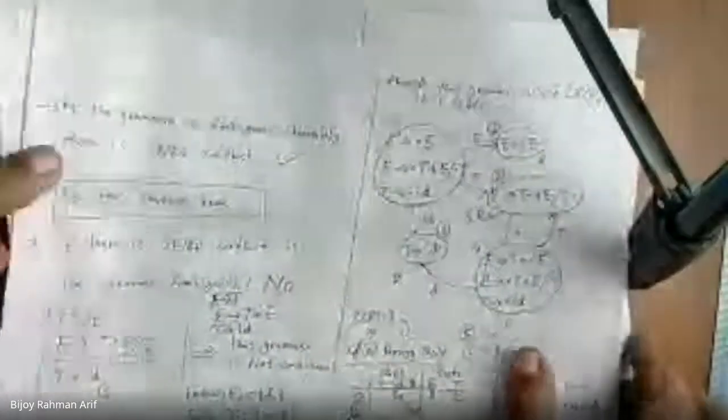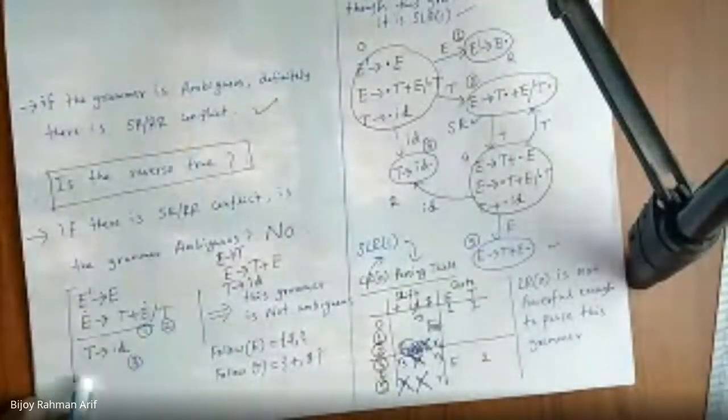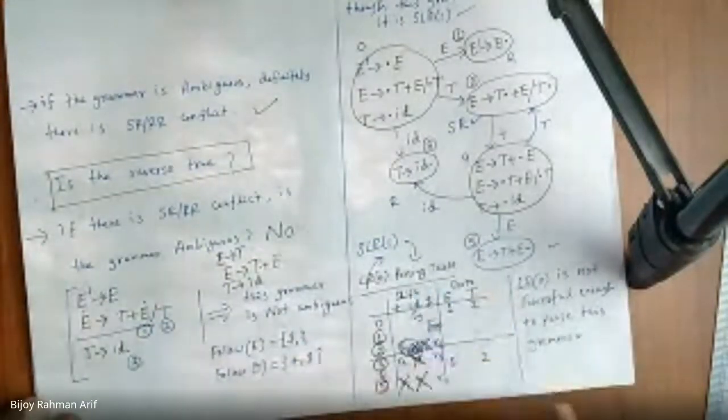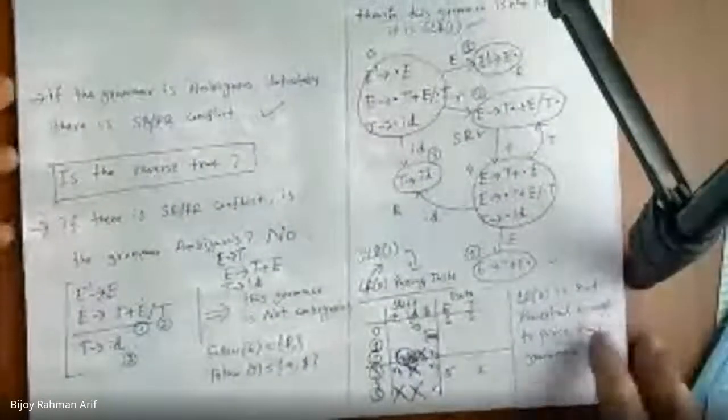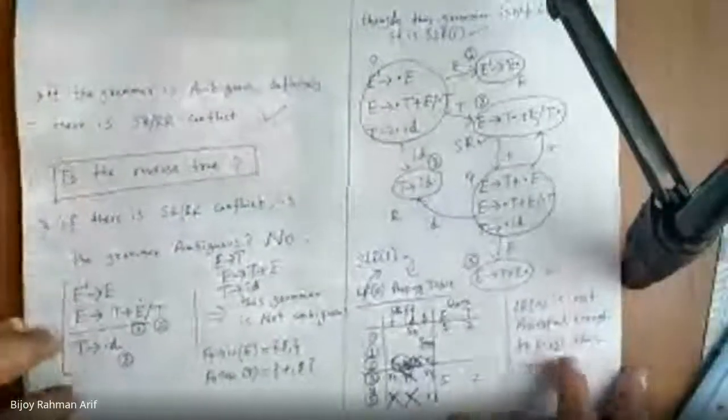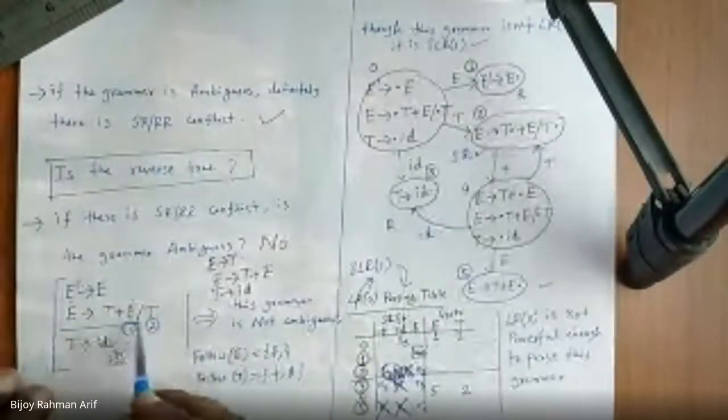We have seen this grammar: E derives T plus E or T, and T derives ID.